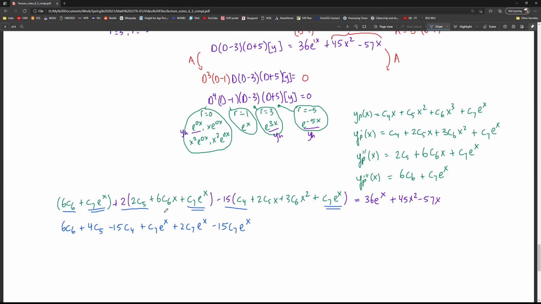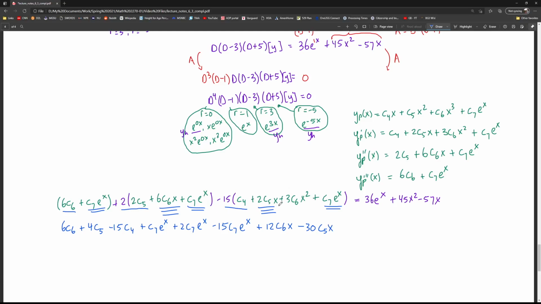And now let's take a look at the terms with x. This one right here has a 2 in front, so that's plus 12c6x, and then a minus 15 in front here, and so that gives us negative 30c5 times x.